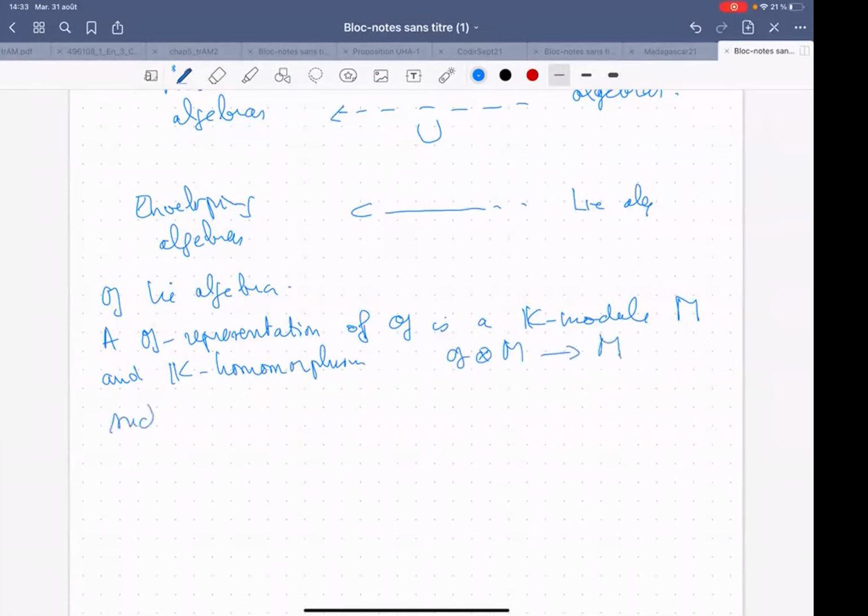such that [x, y]·a equals x·(y·a) minus y·(x·a). Okay, and here x, y are in g and a in M, M being a vector space here.